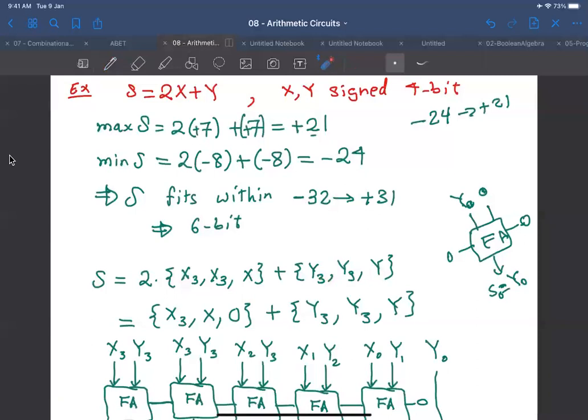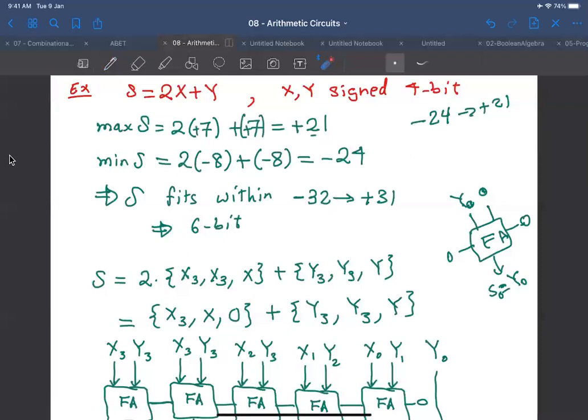You see that? Doctor, if we make it 5 bits, the range will be smaller than minus 24 to 21. Yes, that will cause an overflow. So basically, the minimum that you can pick is 6. You can put 7 as well, but you will have redundant bits.